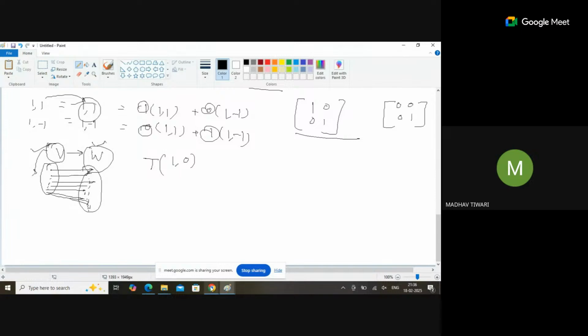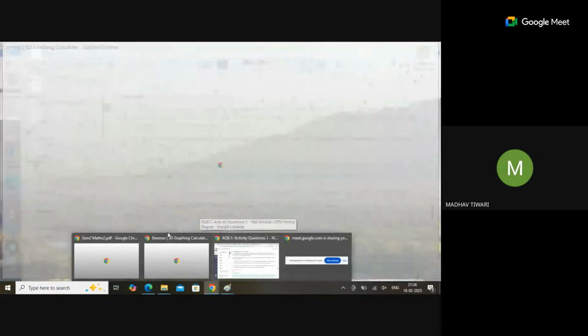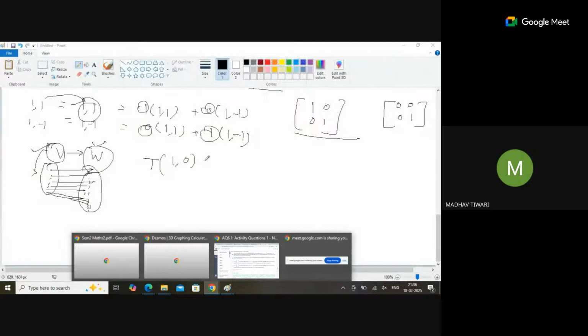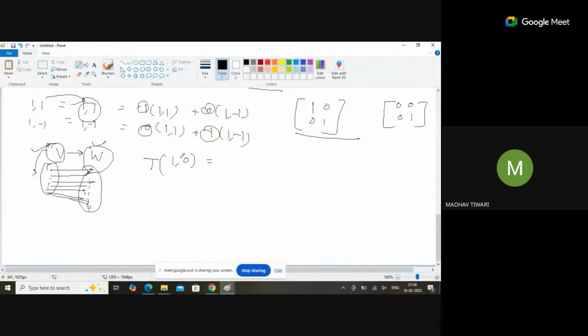The transformation of 1 comma 0 is 0 times 1 comma 0 plus 0 times 0 comma 1, so it is transformed to 0 comma 0. The transformation of 0 comma 1 goes to 0 comma 1.